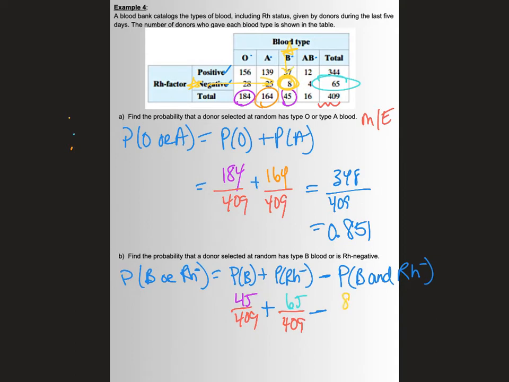So you subtract 8 out of 409 from that. Okay? And when you simplify, you get 102 over 409, which is 0.249.